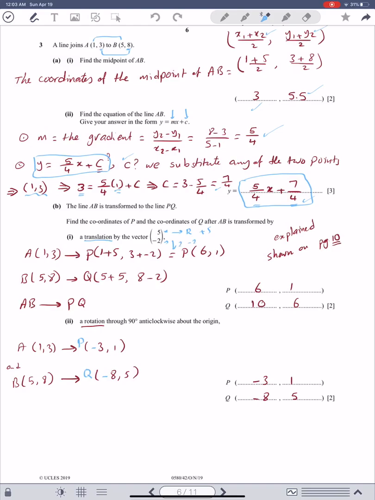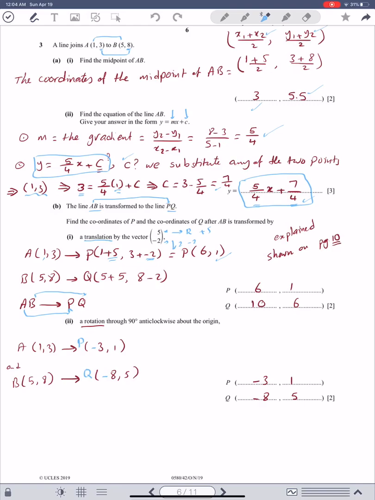So that is all we do here. We add 5 to the x coordinate and subtract 2 from the y coordinate, getting P. AB is transformed to PQ, so A is transformed to P, and B is transformed to Q. That's the idea in these questions.